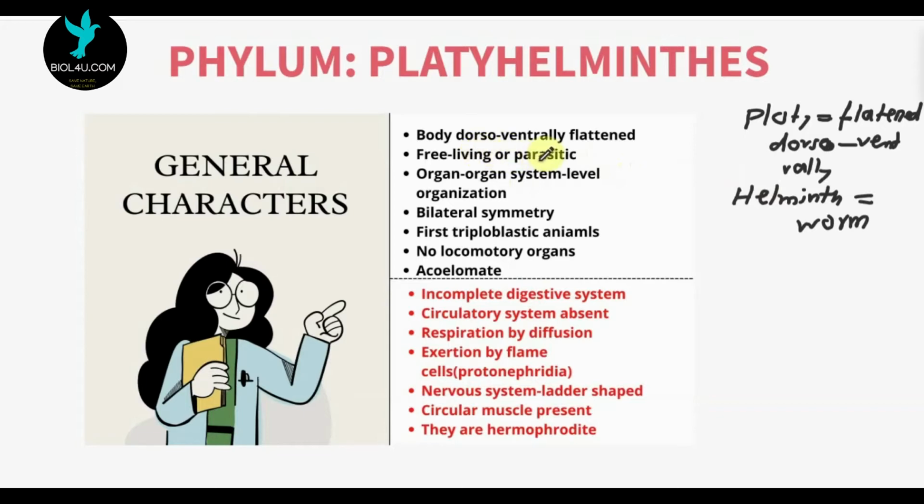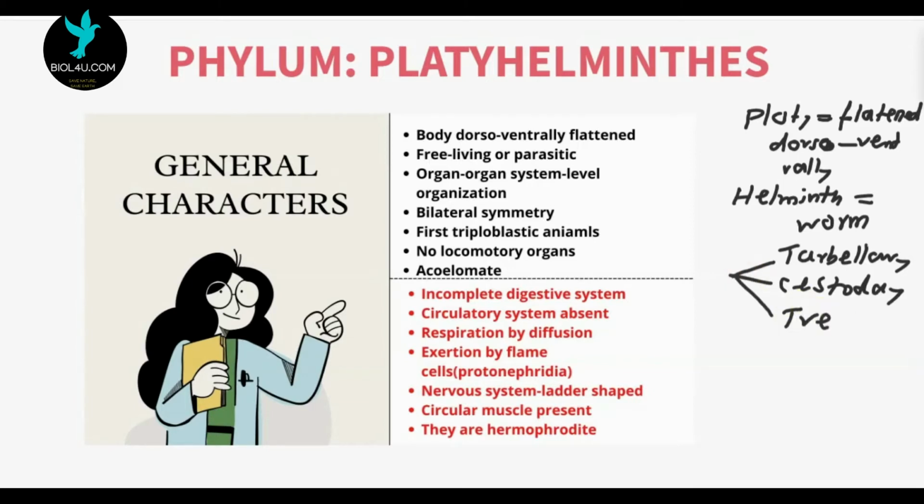And some of the worms live as parasites. Actually, most of the organisms belonging to this group are parasitic. You know, the Platyhelminthes have three classes. One class is known as the Turbellaria, the next class is known as the Cestoda, and the third class is known as the Trematoda.